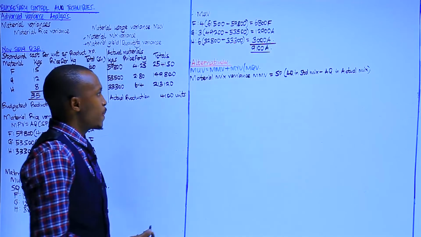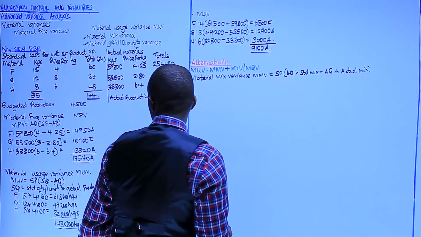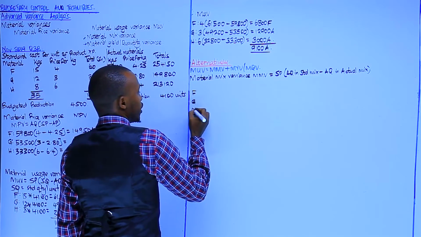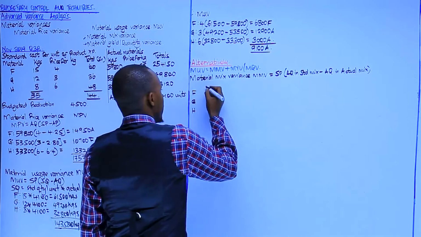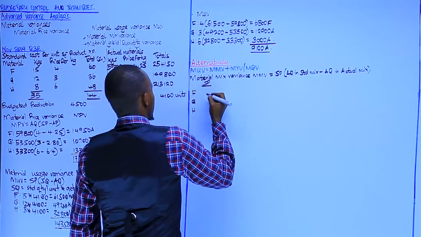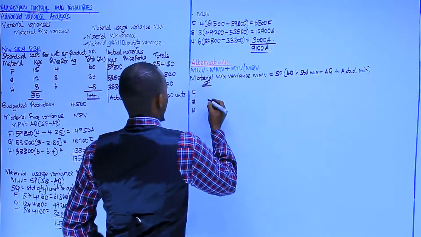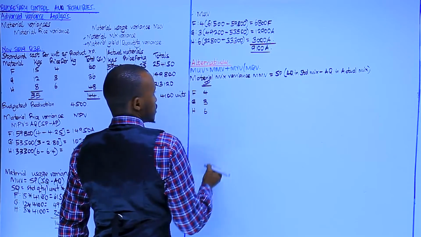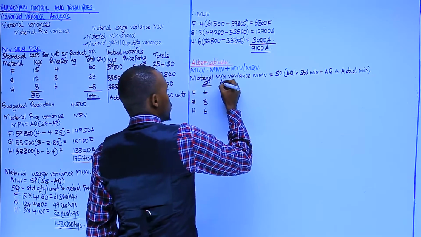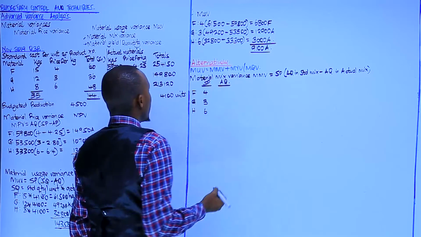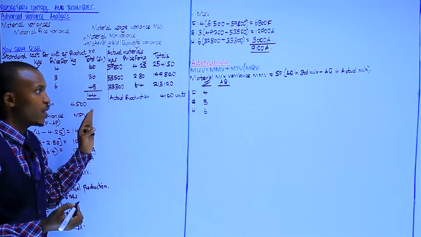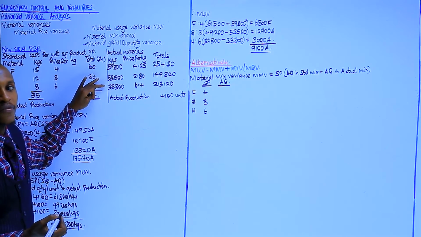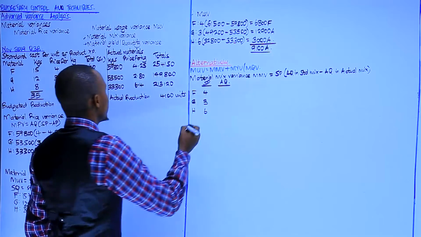Okay, let's have these materials F, G and H. Your standard price is 4, 3 and 6. Your actual quantity consumed, remember, consumed or used, 59.8, 53.5 and 33.3.